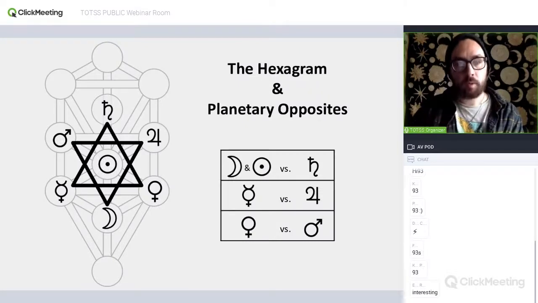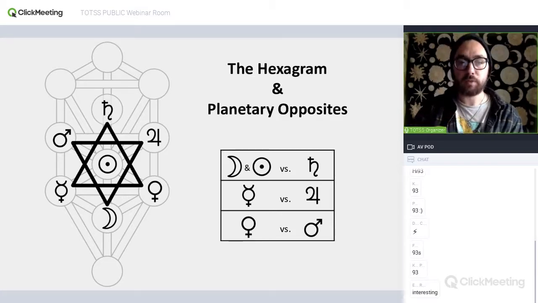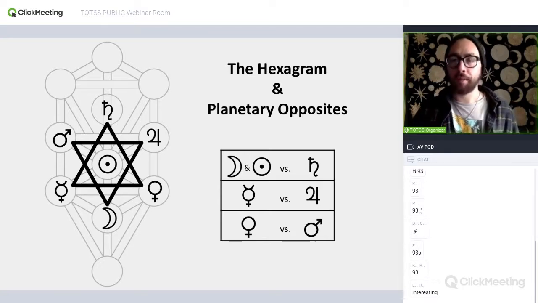All right, and then now we'll come back to this again in a couple of classes because these planetary opposites that we can derive from the hexagram, we will also see the same set of opposites derived from the geometry of the zodiac as well.